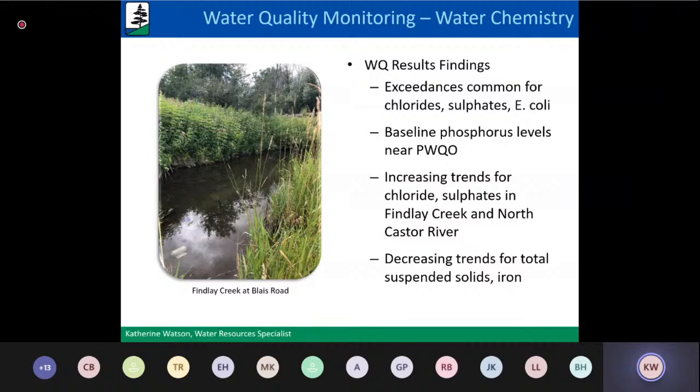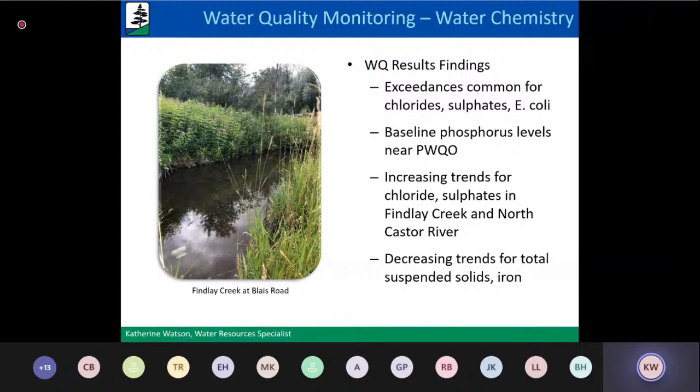But when we're in base flow, we're meeting those phosphorus PWQOs. We are seeing increasing trends for a few different parameters, including chlorides and sulfates, and we think part of that, especially the chlorides, is due to road salts being applied in the winter months. And we also saw decreasing trends for total suspended solids and iron.